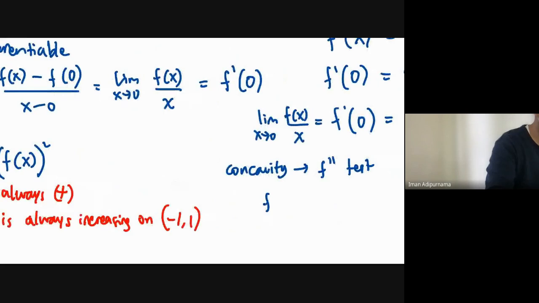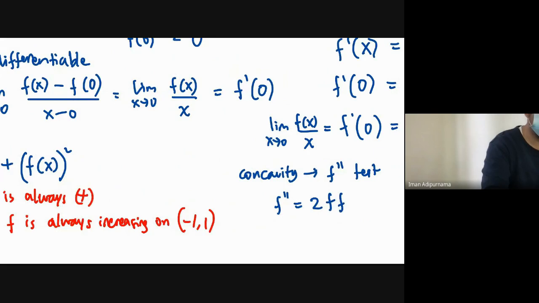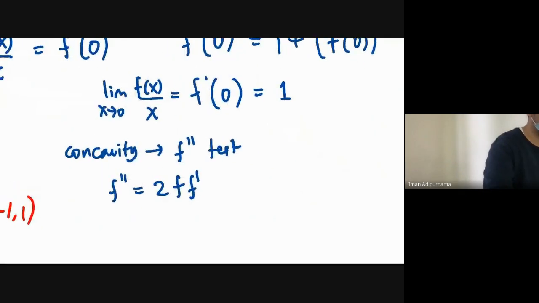So f double prime is 2f f prime. We need to find where f double prime is positive and where it is negative.